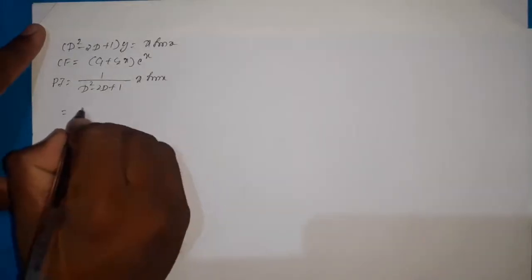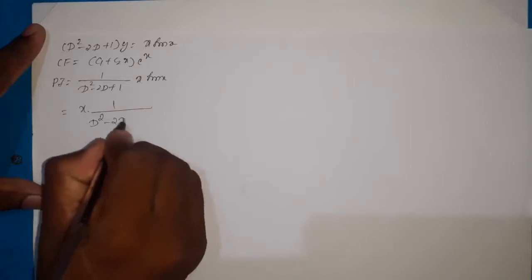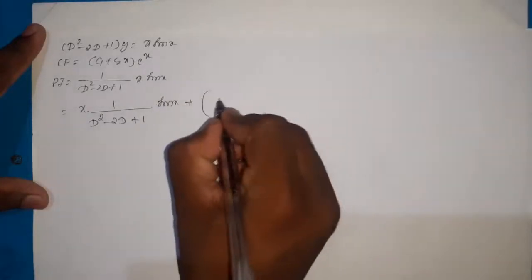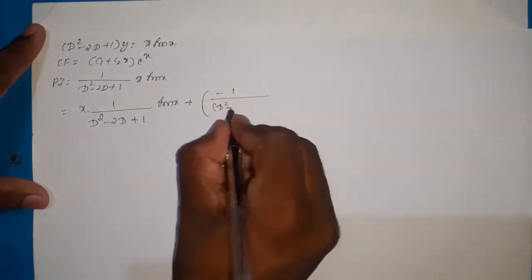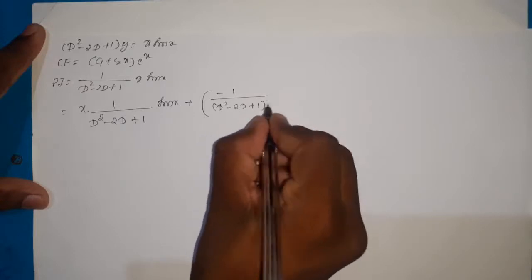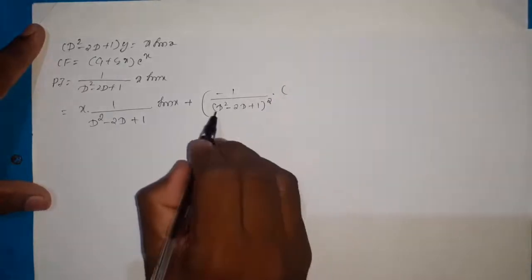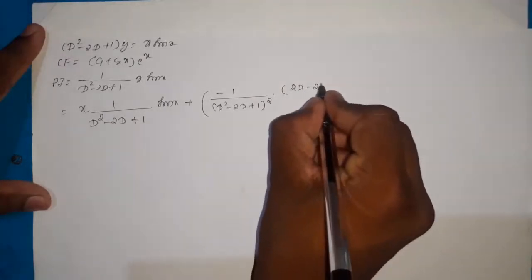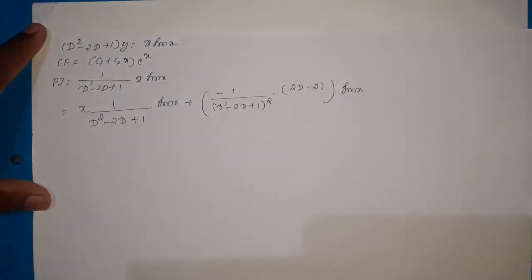Then it is x into 1 divided by D square minus 2D plus 1 sin x plus minus 1 divided by denominator square, D square minus 2D plus 1 whole square, into differentiation of the denominator. So D square minus 2D plus 1, that becomes 2D minus 2 into sin x.